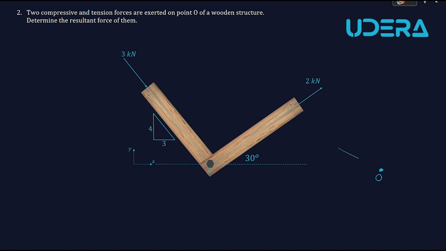One force vector with a magnitude of 3 kilonewtons, as a compressive force, is exerted on O, and the second one is a vector with a magnitude of 2 kilonewtons, which is tension.